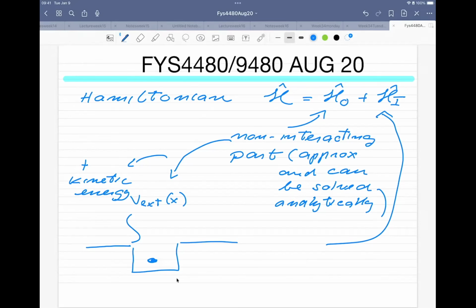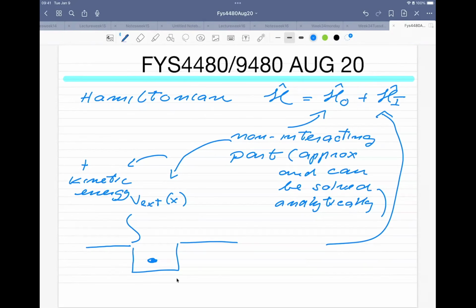So if there was no interaction, your kinetic energy would not be modified by me, for instance, blocking the door, so hindering you to leave the room, right? If this gets too boring. So that's the part which can be solved normally exactly. If you think of potentials like the harmonic oscillator or the hydrogen atom, this is a typical example.